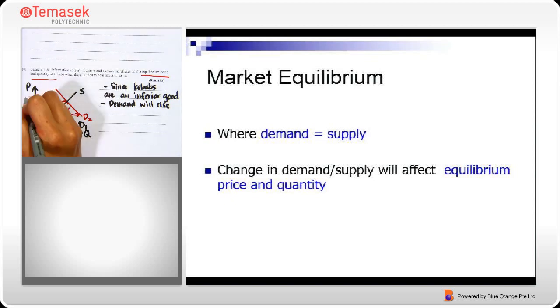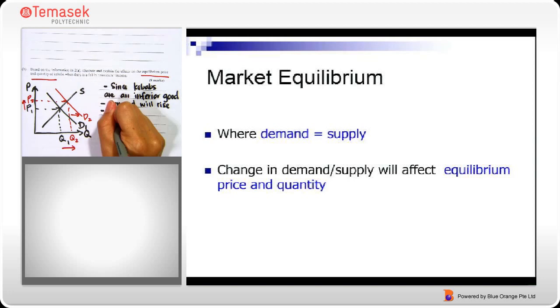So Q1 to Q2 and P1 to P2. So explain the effects on the equilibrium price and quantity. Demand will rise and equilibrium price will rise. Equilibrium quantity will rise. And these are the points needed for demand supply questions.